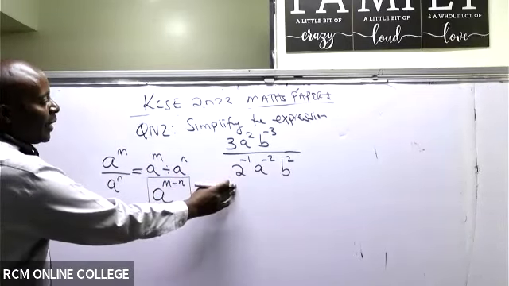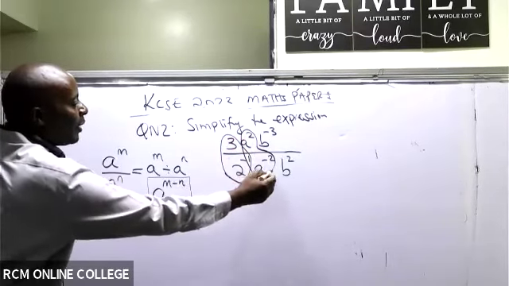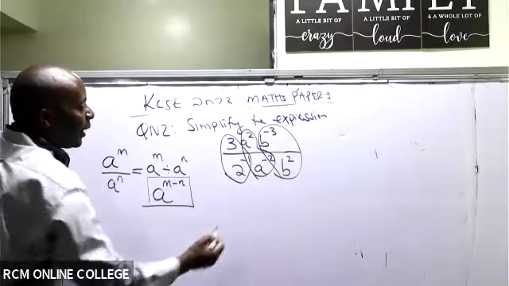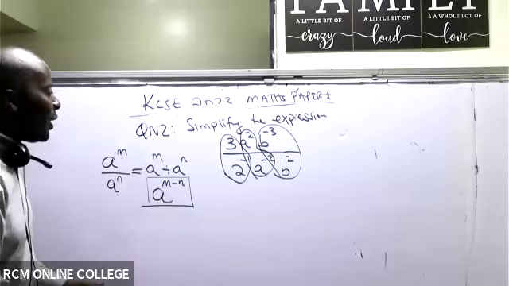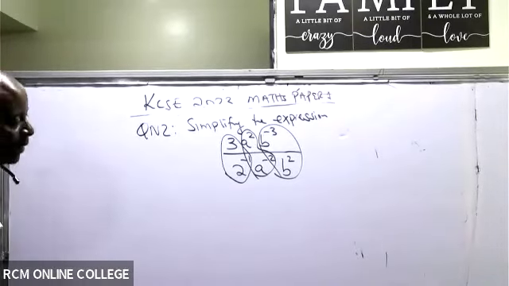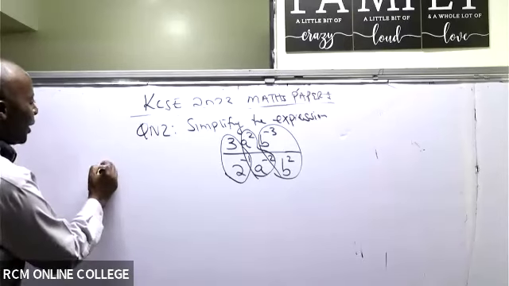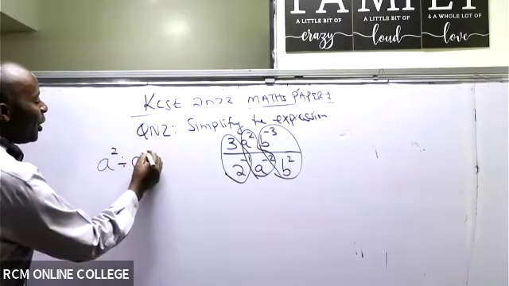And this is what I shall apply here. I'll have this number separate, as a different column, and this as another column. I would rather start with the a's. So I will say here, a raised to 2 divided by a raised to minus 2.